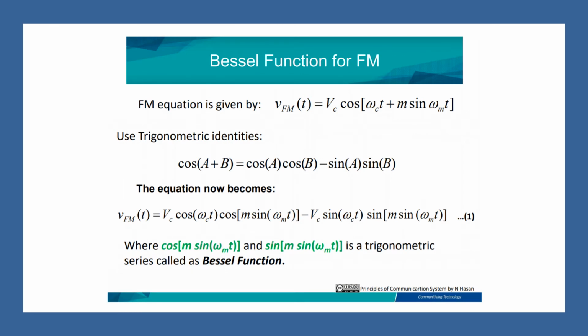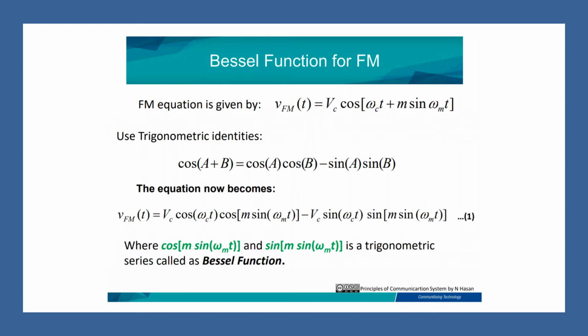For FM equations as Bessel function, the FM equation is given by b sub FM of t equals Vc cosine of omega c t plus m sine of omega m t. Using the trigonometric identity of cosine of a plus b, it will be equal to cosine a times cosine b minus sine a times sine b.